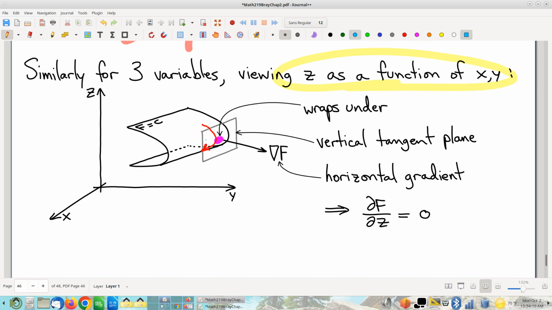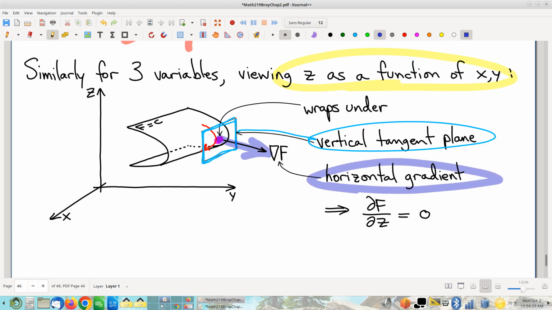That means that it has a vertical tangent plane, and that means, keeping in mind that gradients are always perpendicular to surfaces and therefore perpendicular to the tangent planes, that the gradient must again be horizontal, and in this case being horizontal means that the z partial is equal to 0. So we find ourselves in this same scenario, that a problem means that this certain partial has to be 0.